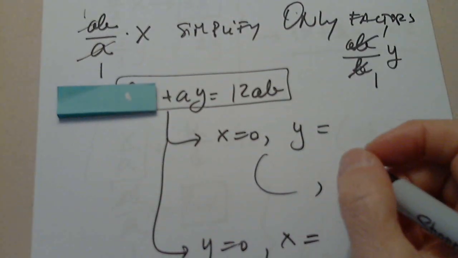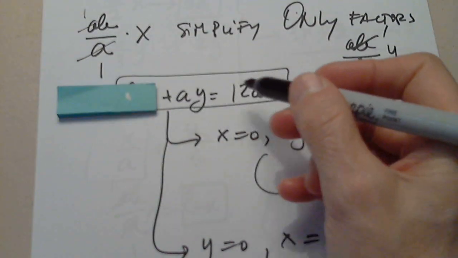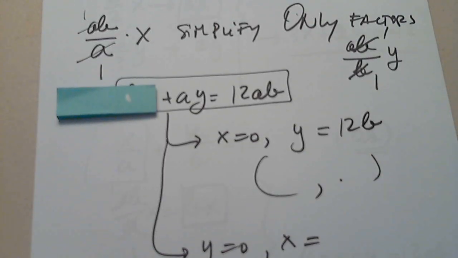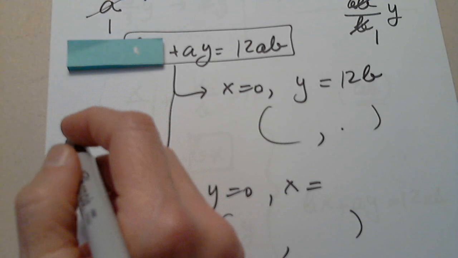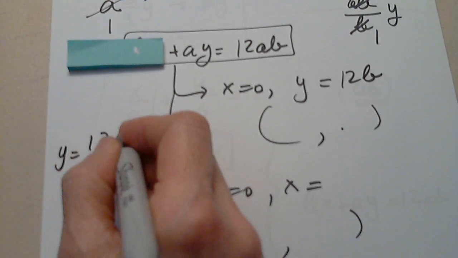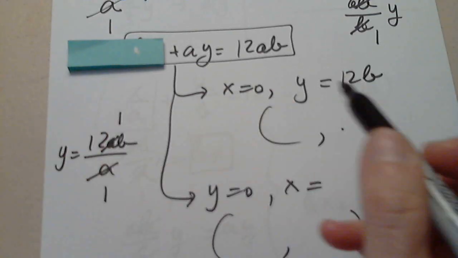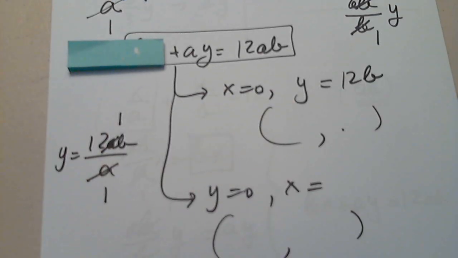Good. So 12ab divided by a, we simplify by a, and we get 12b. We simplify only factors.